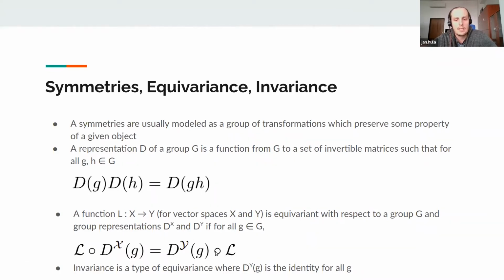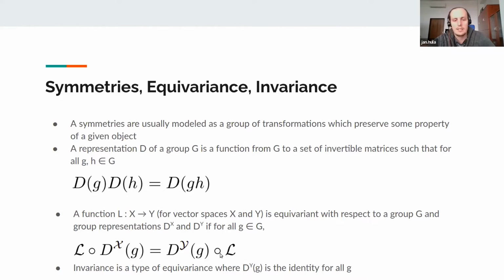So it says that if we first apply the function L and then we apply the transformation, it should be the same as if we first apply the transformation and then we apply the function L. And here the transformation could be represented differently for vector space X and vector space Y. And the special notion of equivariance is invariance, and this is equivariance where the representation in the vector space Y is the identity matrix.